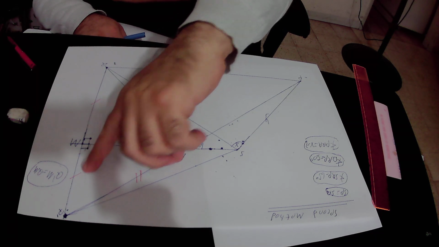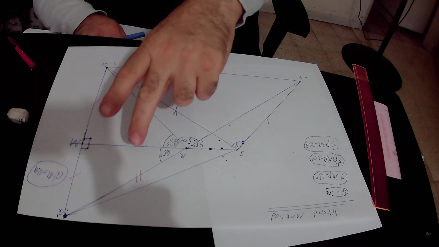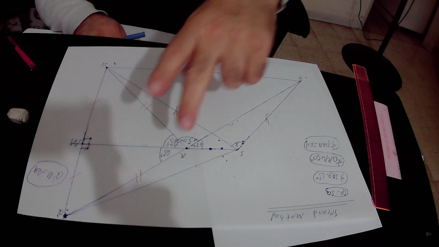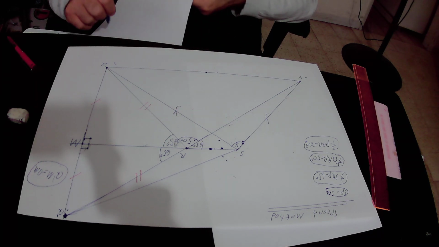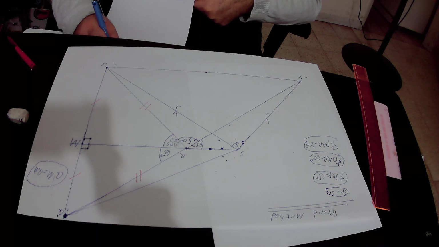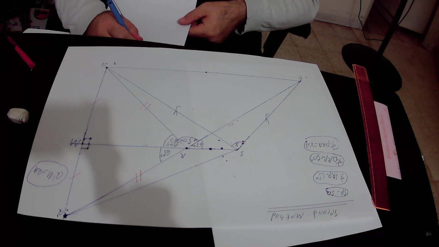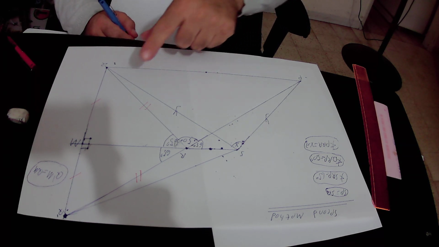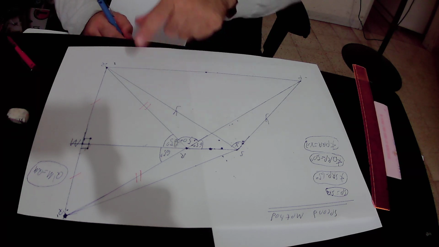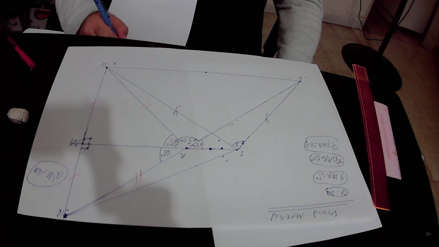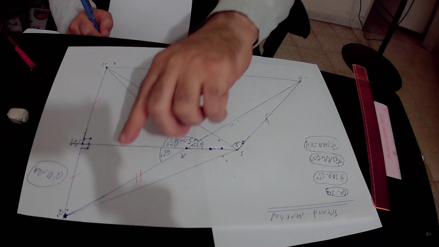And we will prove that those two big right triangles can go into each other.